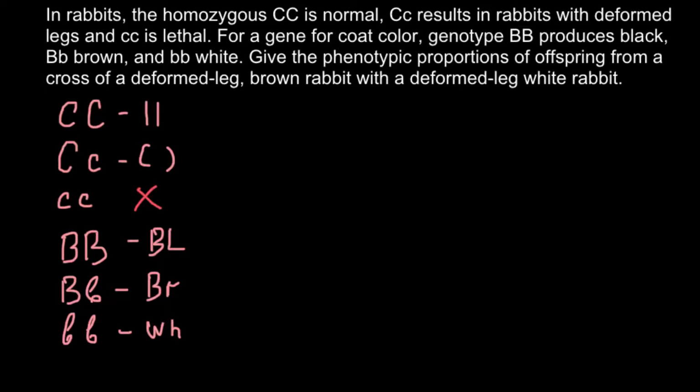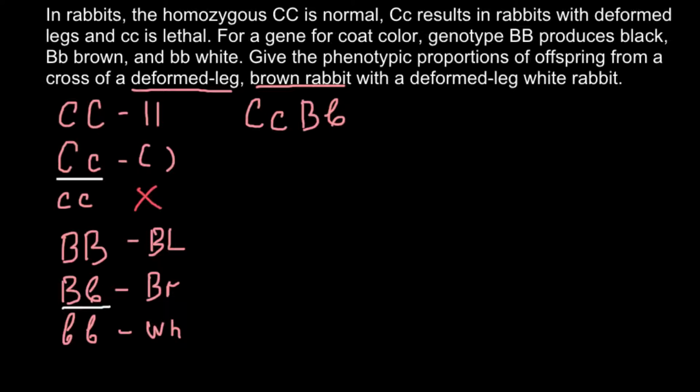Now we can list the genotypes of the parents by looking at the phenotypes. We have one parent with deformed legs, and this is going to be capital C, small c for the gene C. This parent is brown, so the genotype for the gene B is capital B and small b.